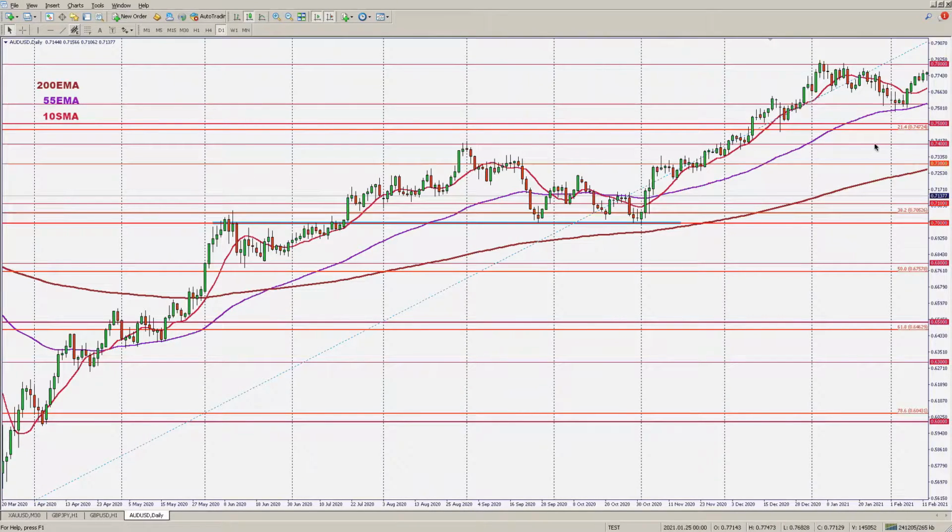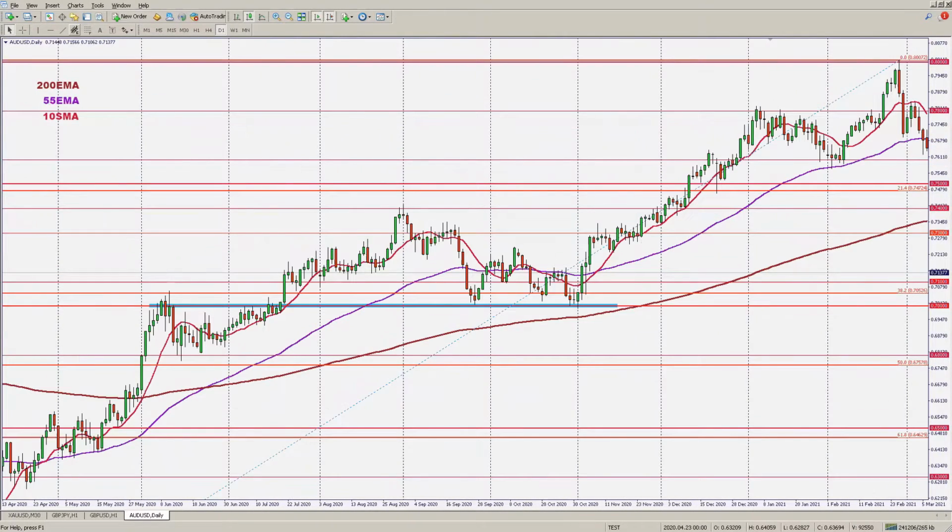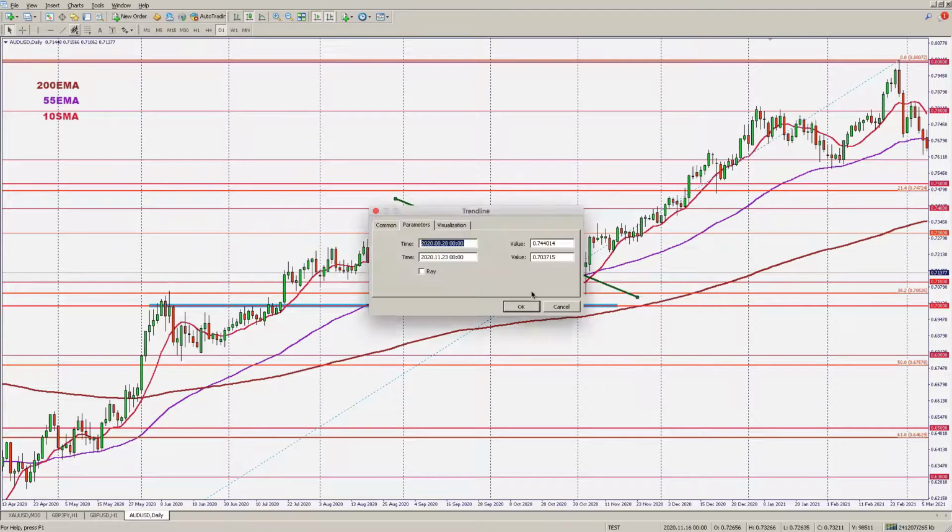Right, they climbed up to hit the 74.00 and then pulled back to 70, forming a triple bottom, actually multiple bottoms here on the daily time frame, and then climbed up higher. So this area here, we can actually draw another trend line.